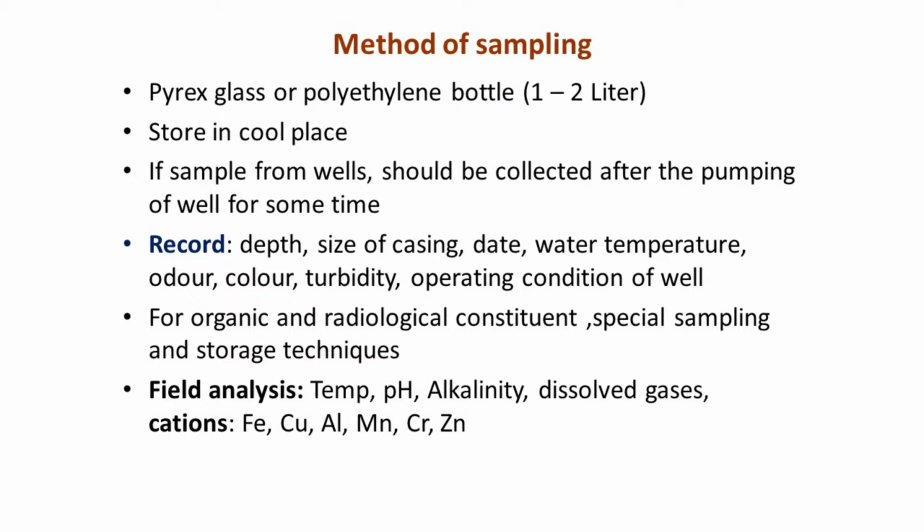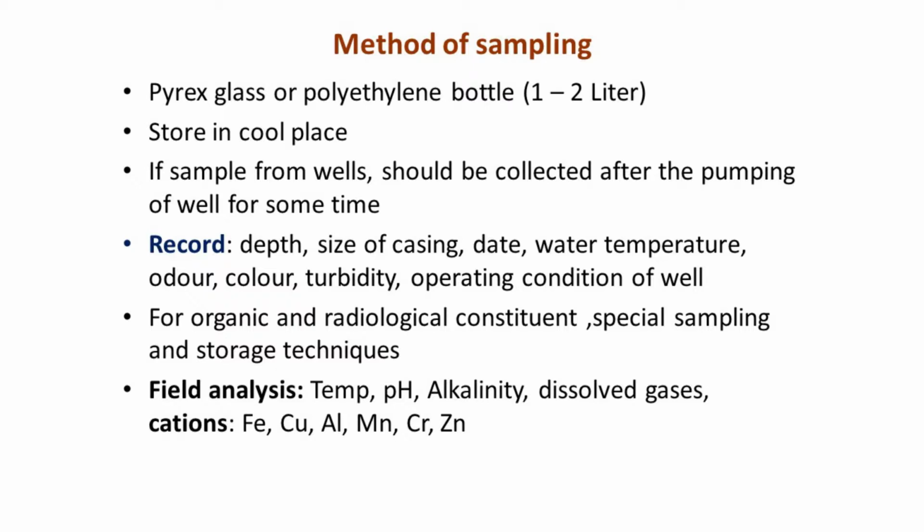It is essential to record the depth from where the samples have been taken, the size of casing, the date of collection, the water temperature during collection, the odor, the color, turbidity, and the operational condition of the well. For organic and radiological constituents, special sampling and storage techniques are used.